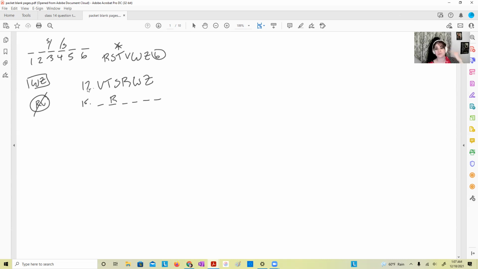So if R is on 2, I'm just going to apply the rules from there. 1, 2, 3, 4, 5, 6. So R, I know that S could be either here or here. So now that that's assigned, I need to assign the next thing, which is my block.